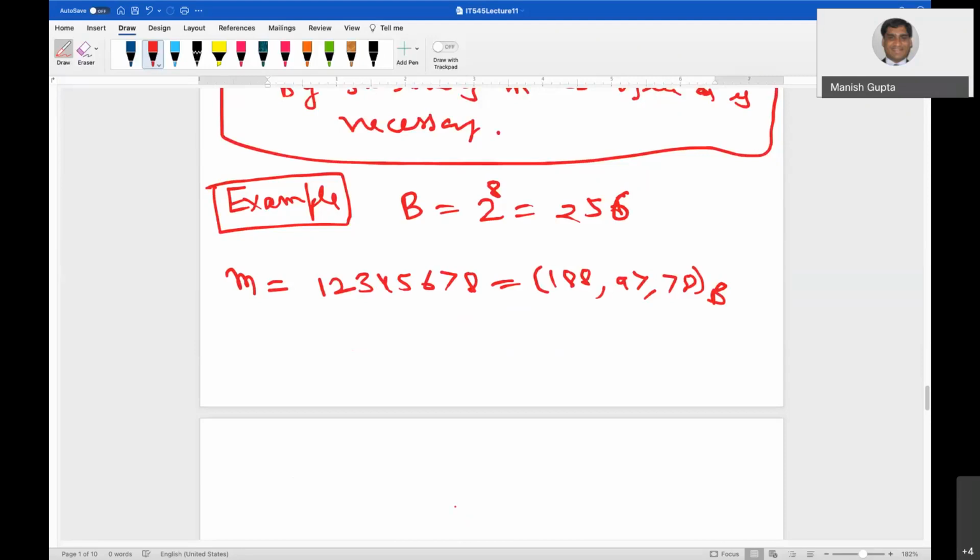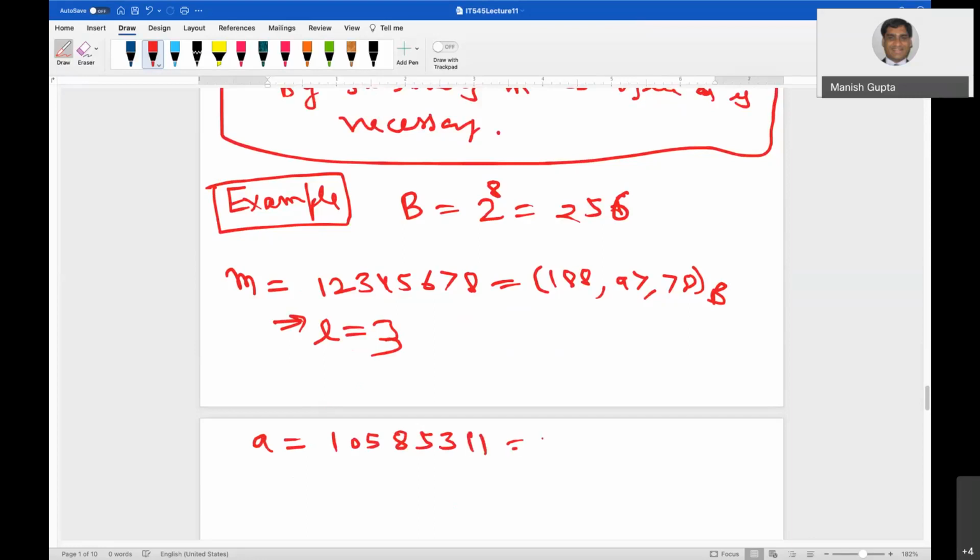Okay. Next, this implies that we know that L is equal to 3 here, which is fine. L is equal to 3. Now, suppose A is given, A is 1058539.